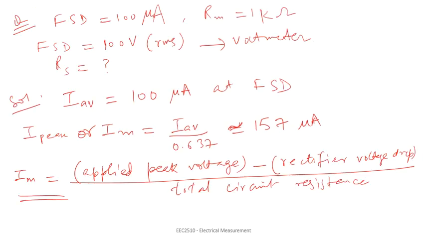Now in terms of full scale deflection, if you have to represent it, you just go back to the data at the starting, and you can see that the full scale deflection for the instrument is 100 microampere.